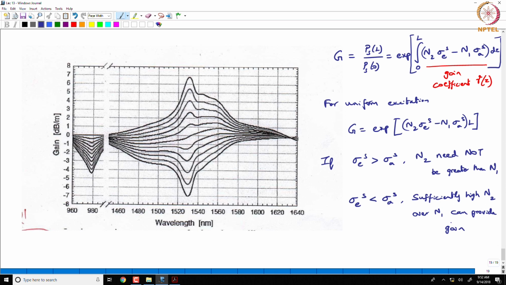We are saying that the inversion is not just number densities, you have to factor in that cross section also. Okay. So that's where we are, and I see I have run out of time. I will continue this in the next session.